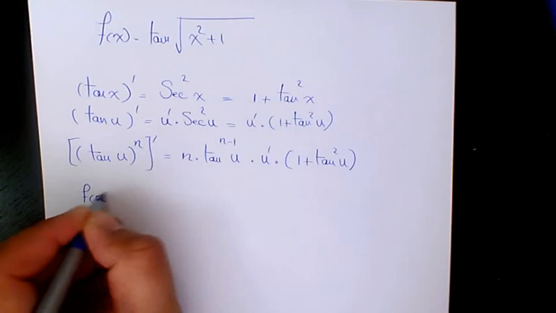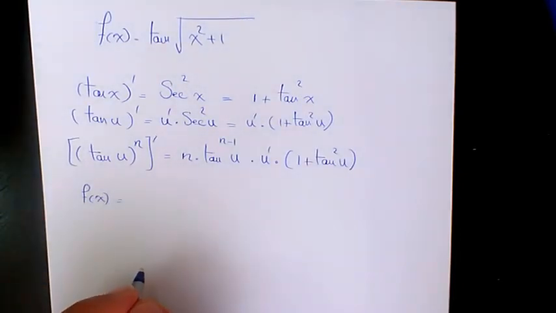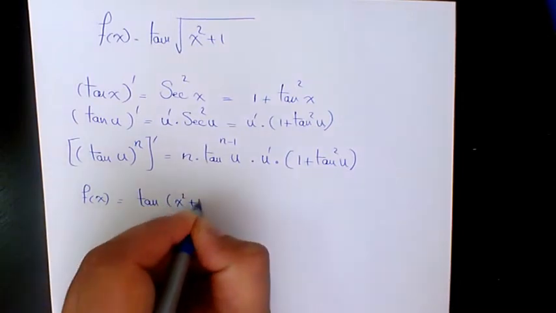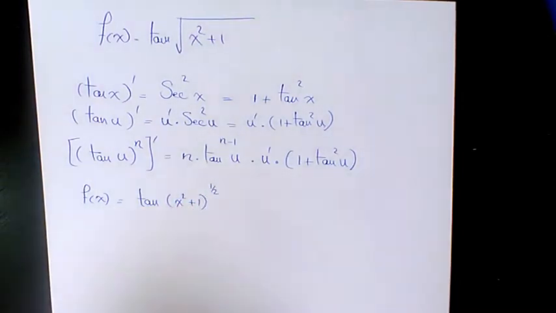f of x equals tan of the square root of x squared plus 1, which is tan of (x squared plus 1) to the power of 1/2.